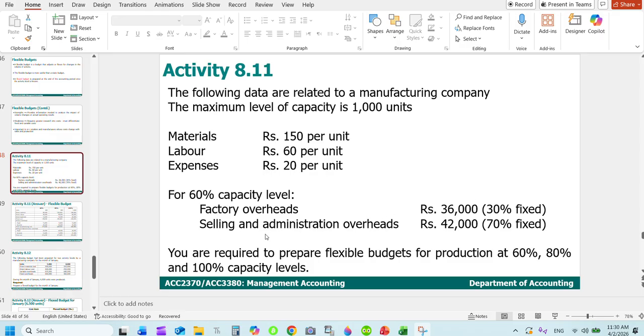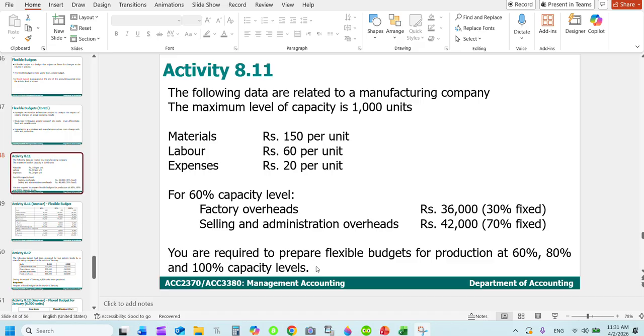Now when it comes to selling and distribution overhead cost, at 60% capacity level, 42,000 selling and distribution cost is there. Out of this 42,000, 70% is fixed. Balance 30% is variable. Now you are required to prepare flexible budgets for production output levels at 60%, 80%, and 100% capacity level.